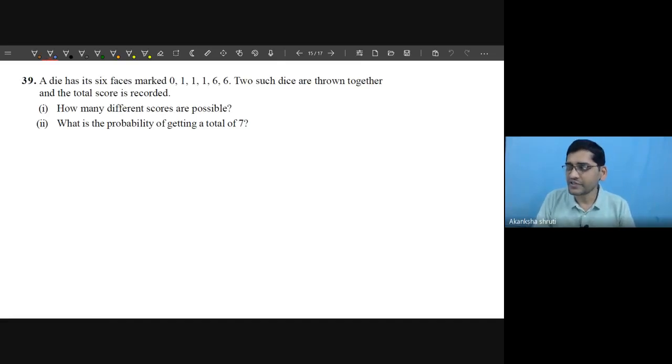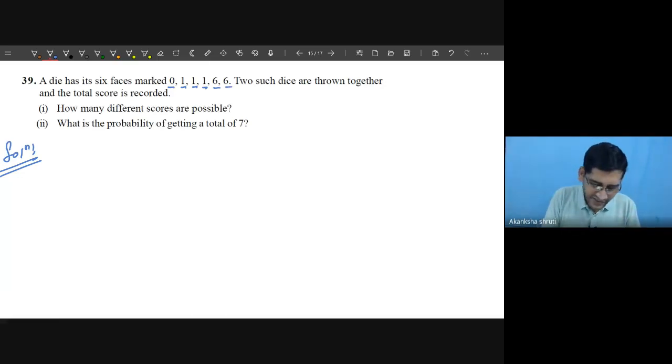But now let us come to the die having the same number or different numbers. Okay, now a die has 6 faces marked as 0, 1, 1, 1, 6, 6, 6. So only these 3 numbers are there. So what is the sample space?